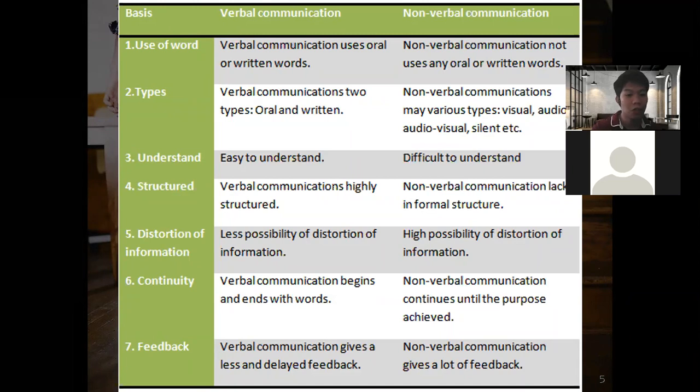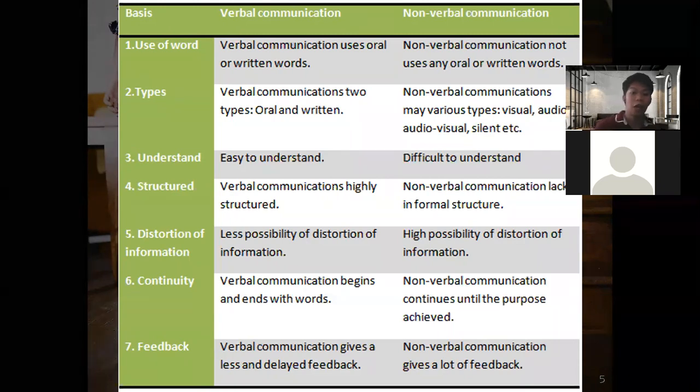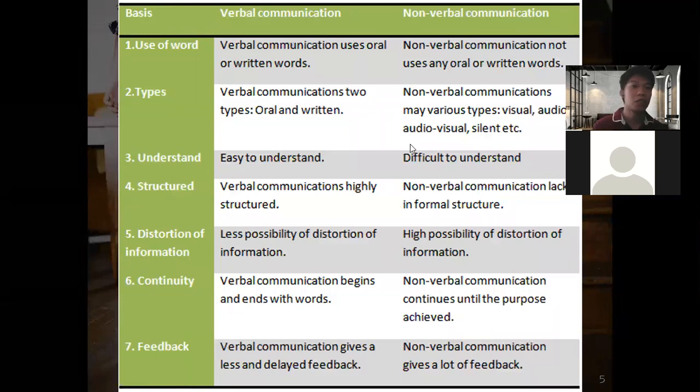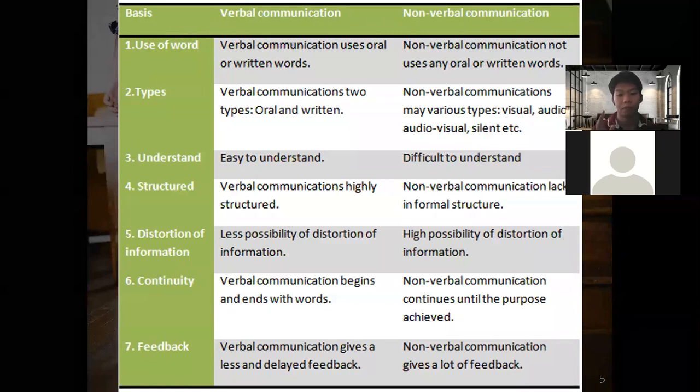In terms of distortion of information, there's less possibility of distortion of information in verbal communication since you can explicitly express the intention, the motive, the purpose of the message in communication. But in nonverbal communication, there's a high possibility of distortion.